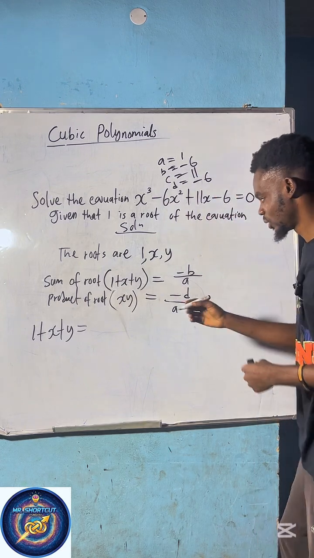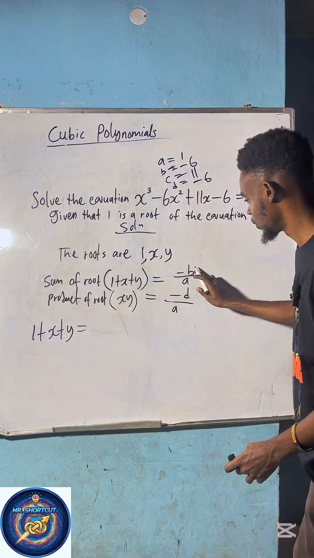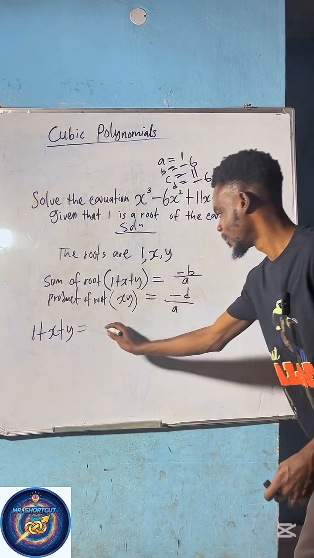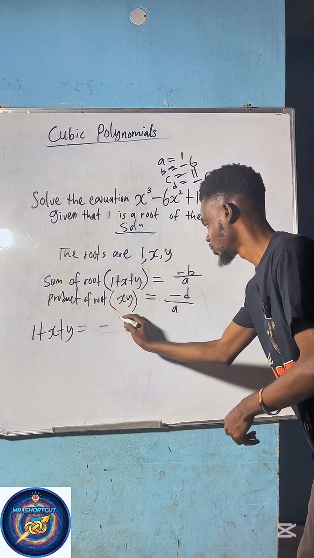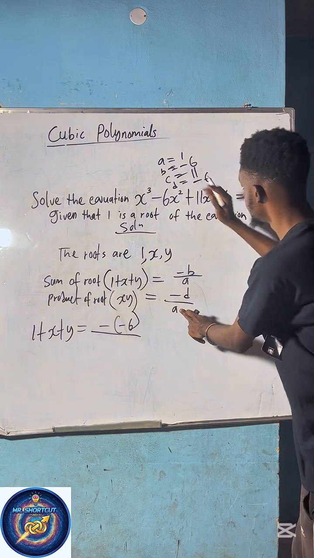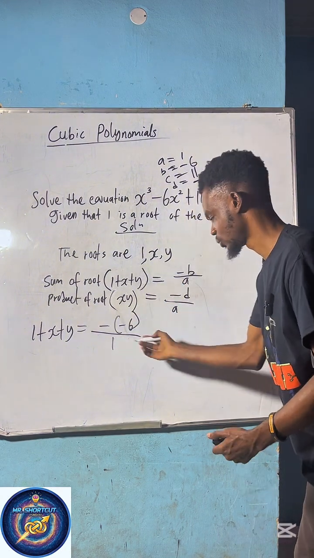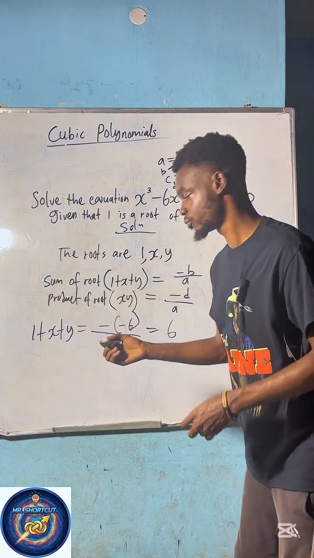So let's solve this sum of roots. The sum of roots is simply minus b over a. B is minus 6, so minus minus 6 all over a, and a is 1. Now let's get the product of roots.